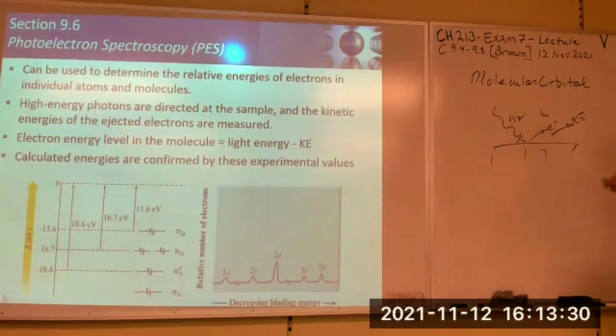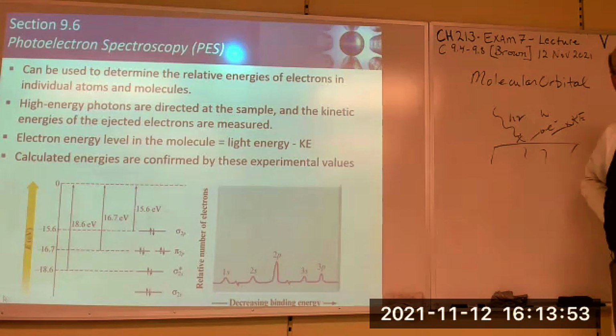Okay, so when we do that calculation, we find that we have the spread of electrons at these different energy levels. And these jumps correspond to electrons that were at this level, at this level, at this level, and this level, exactly as predicted by the molecular orbital theory.